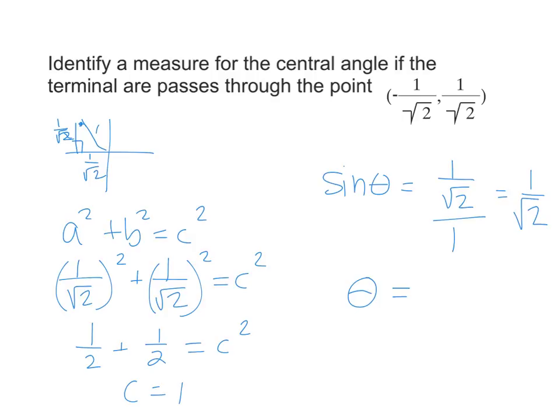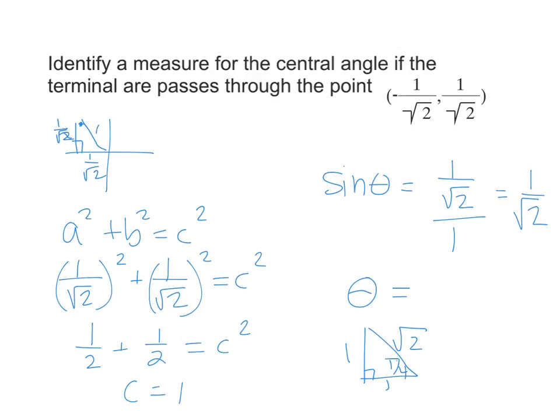Okay, so if we do that, so you're saying do inverse sine of 1 over root 2. And so you could do it in degrees. It'll give you 45 degrees and then change it to radians. Or you should know that the angle that has a sine of 1 over root 2 is pi over 4, right?